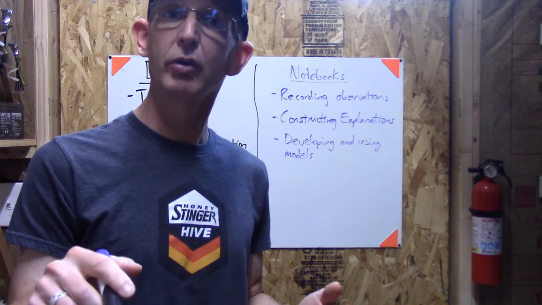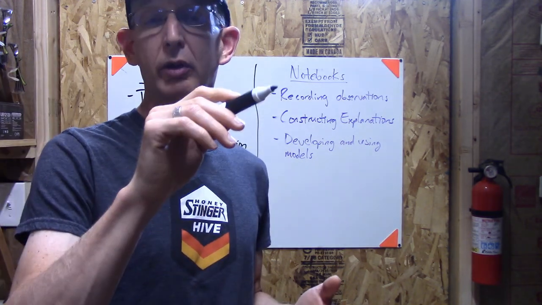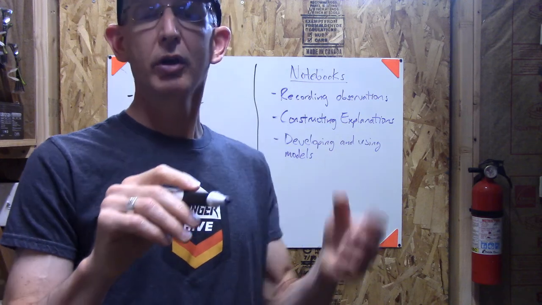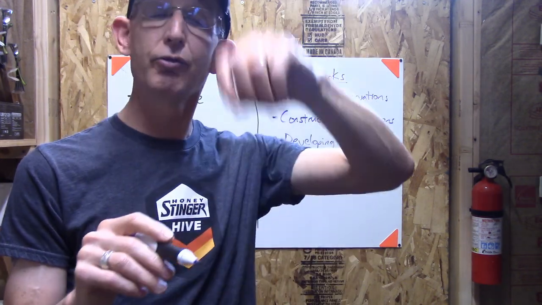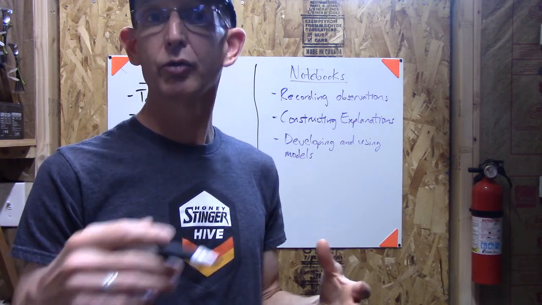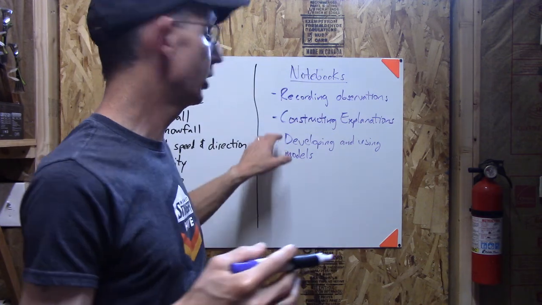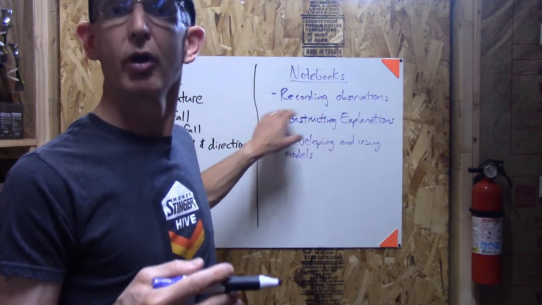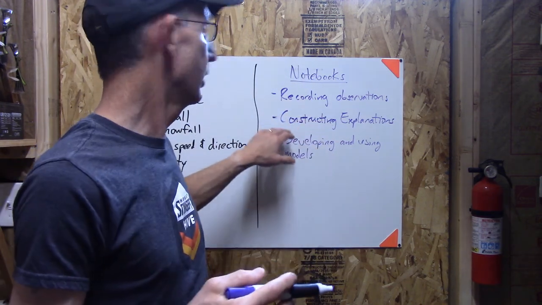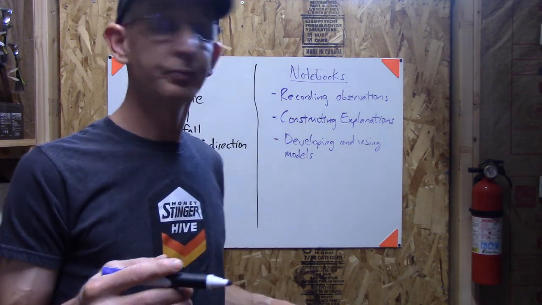The water cycle is a model of how water evaporates or transpires off the surface of the earth, condenses in the atmosphere, and then falls again as precipitation. So describing those models and putting together those models in a science notebook is a great way to encourage the support of the explanations that they construct. So developing and using models is a big one.